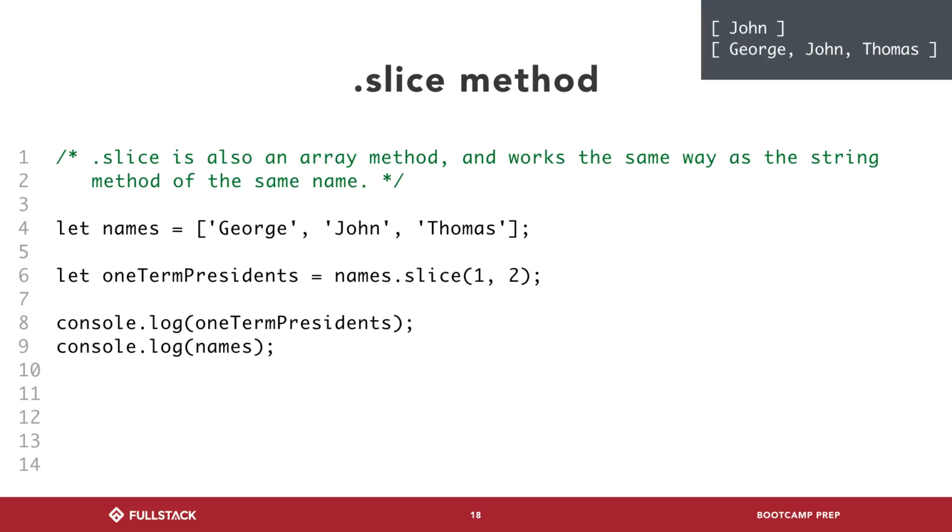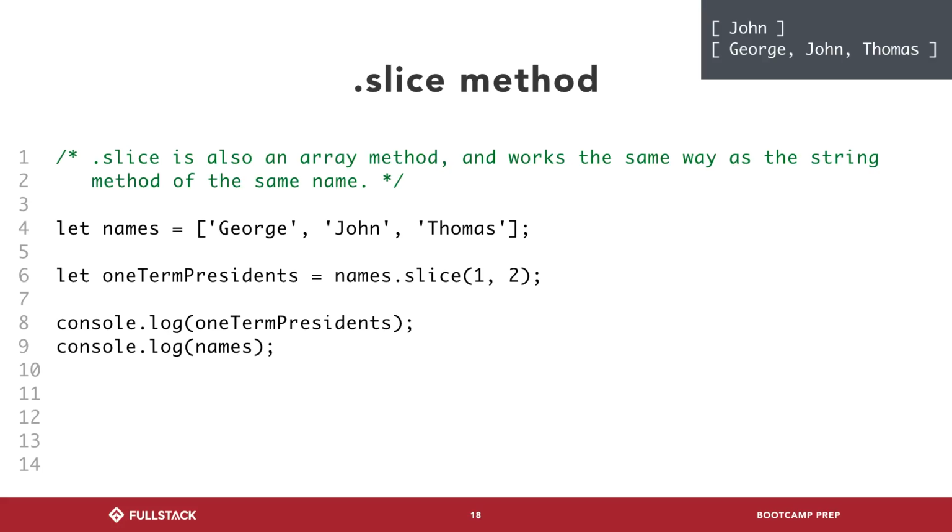The other nifty shortcut is that if you want to copy an entire array, just call slice and don't pass anything in. By default, that will copy the entire array for you. So once again, slice does not change the original array, and slice will give you back a brand new array.